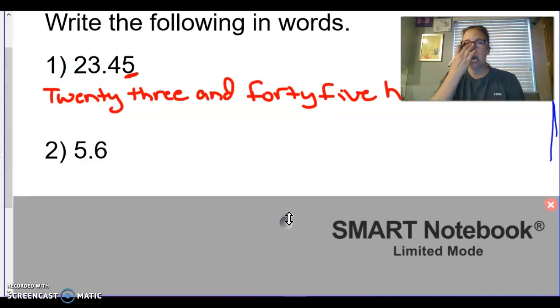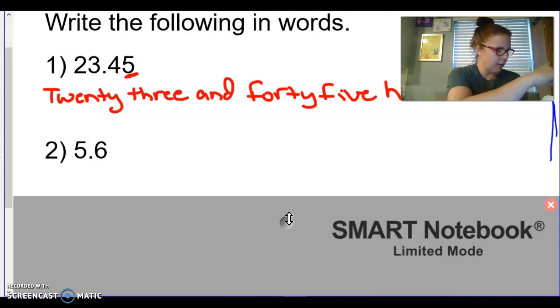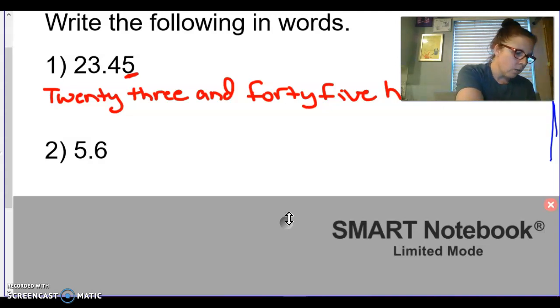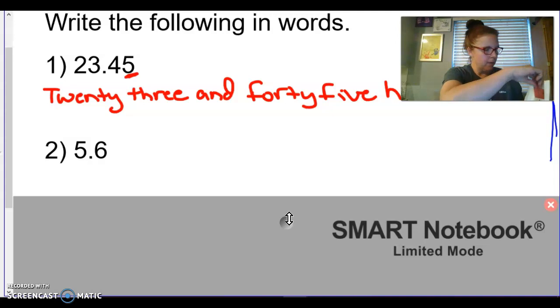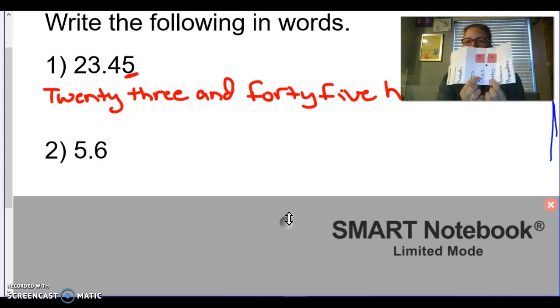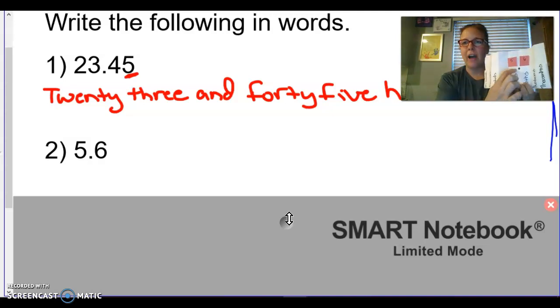So next one, it would be right here, 5 and then the decimal and then the 6. So if you need that, it would look like, if I can find my 5 and 6 really quickly, it would look like this in our chart. So 5, we like to say 5.6, that's not right. 5 and 6, and it ends in the tenths.